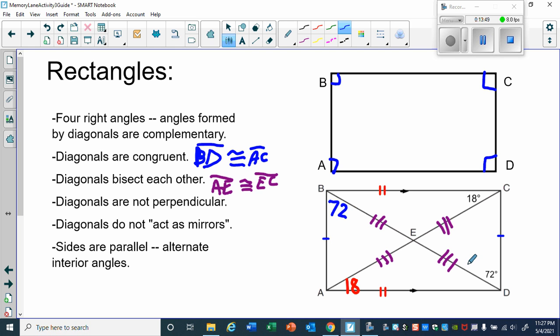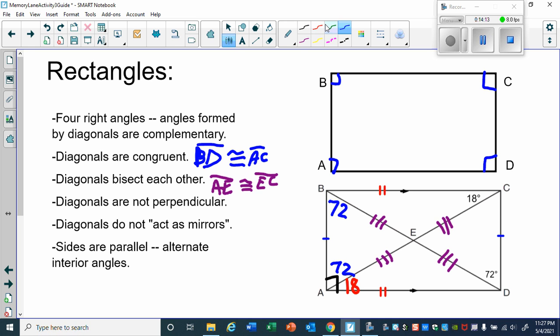And you probably have enough information to get all of it, because we know that the sum from this entire angle from here to here is 90. So we have 18, therefore this part right here will be 72, because 72 plus 18 is 90.